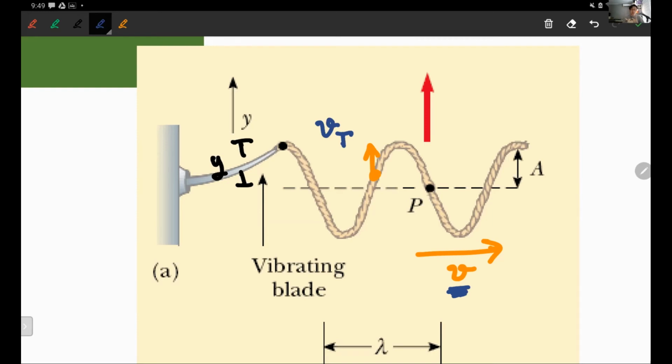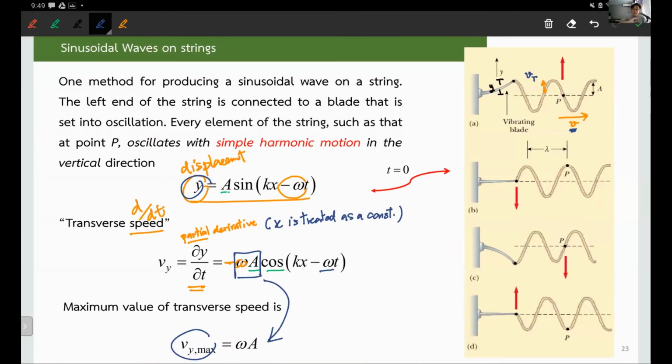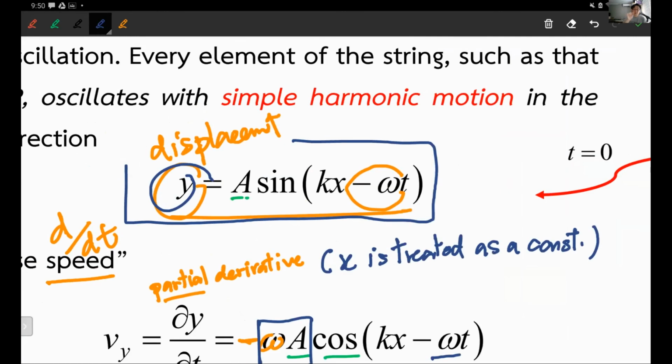Okay, these are two speeds. But as I said, the whole thing is now built into this equation right here. Just one line of the equation can describe everything. Isn't that amazing? I know I like this one. The characteristics of the waves are on the right hand side of this equation, and it gives you the position of the elements in the medium. Once you know the displacement function, you can find velocity and acceleration very easily.